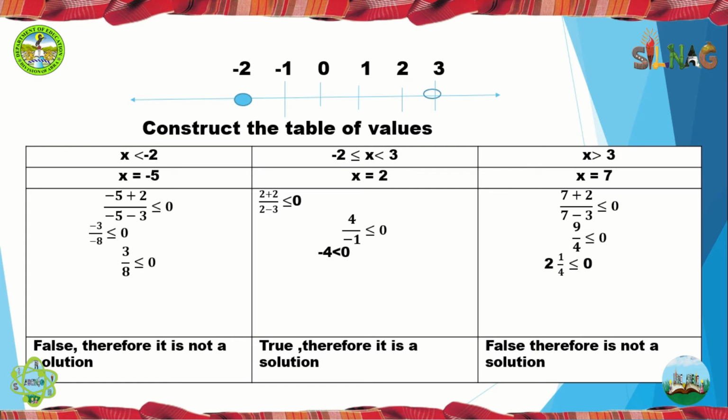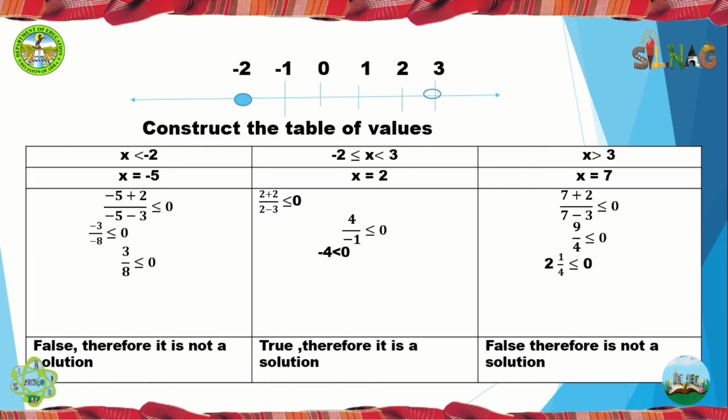Then we have the third interval, so we use 7. 7 plus 2 over 7 minus 3 is less than or equal to 0. 7 plus 2 is 9. 7 minus 3 is 4. 9/4 is less than or equal to 0. Then we simplify 9/4 as 2 and 1/4.